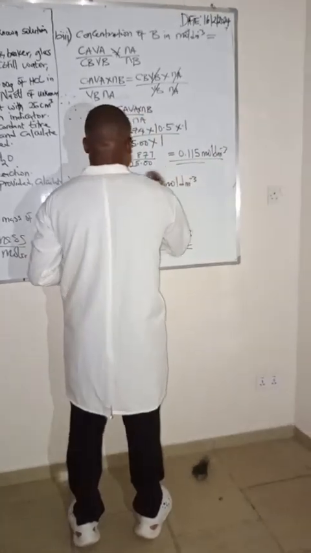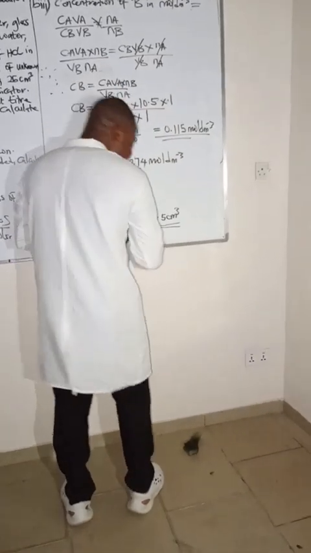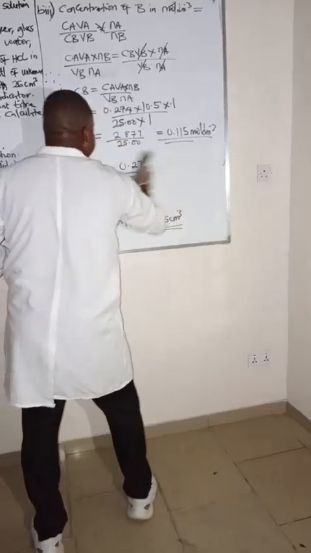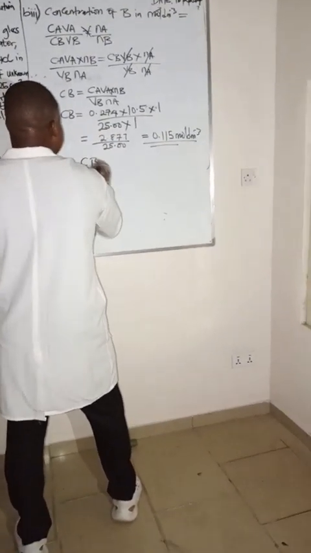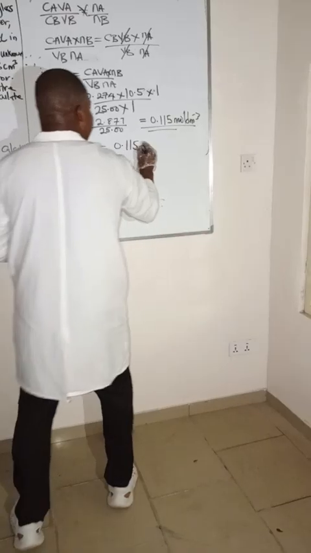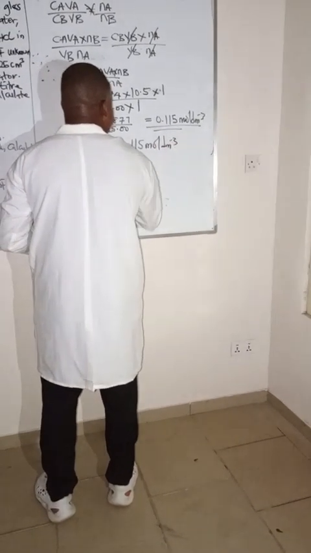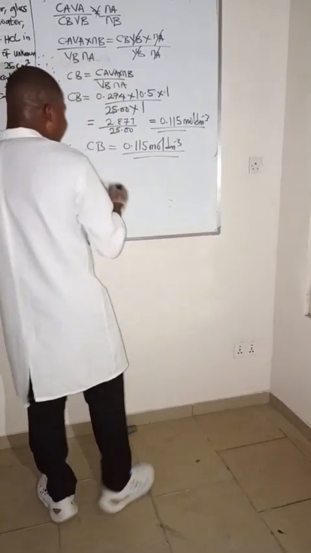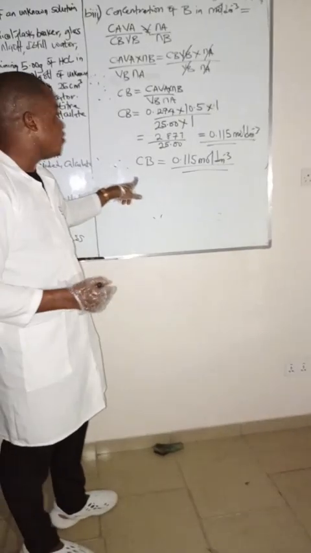So this is our CB. Are you following? Yes, sir. So therefore CB is equal to 0.115 mole per dm cube. This is our concentration of the base.